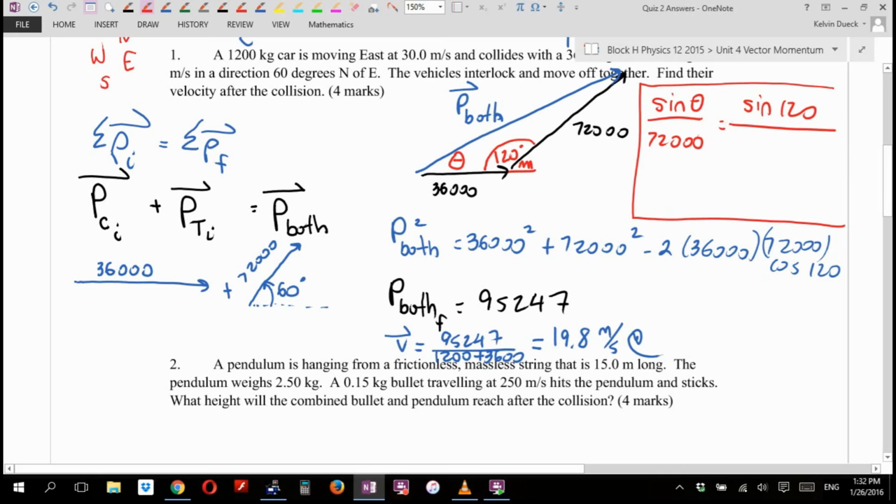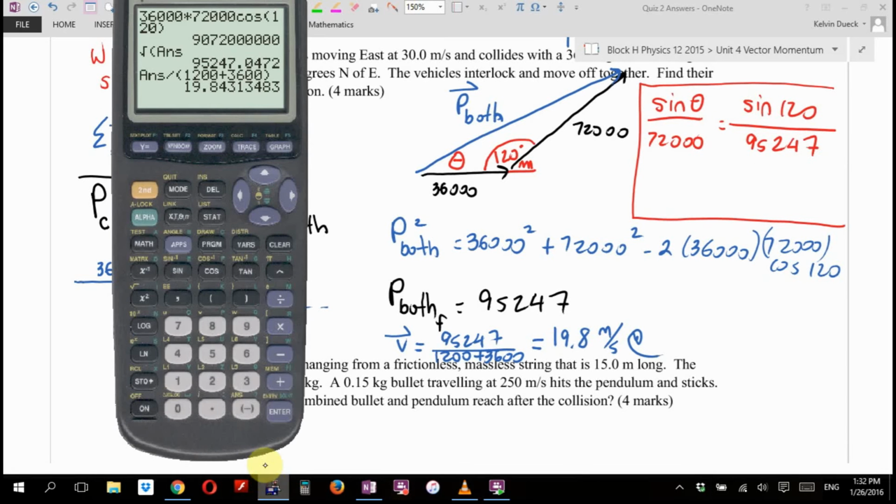Which I know, 952,447. I think it's going to be 72,000 sine of 120 divided by 952,447. Inverse sine of that. And I get, I'll call it 41 degrees, 40.9 degrees.